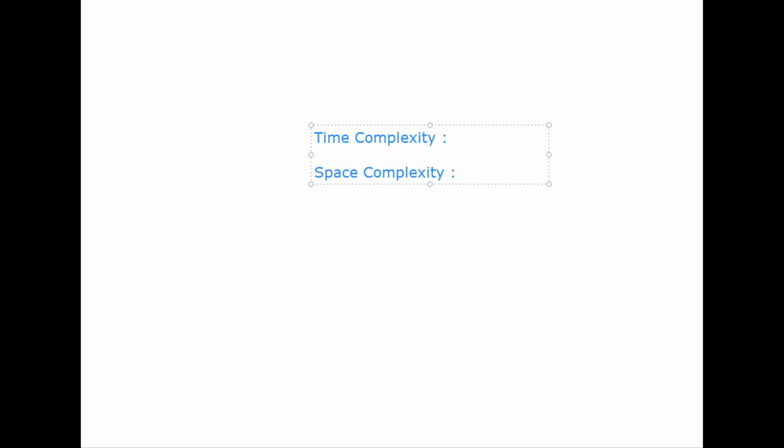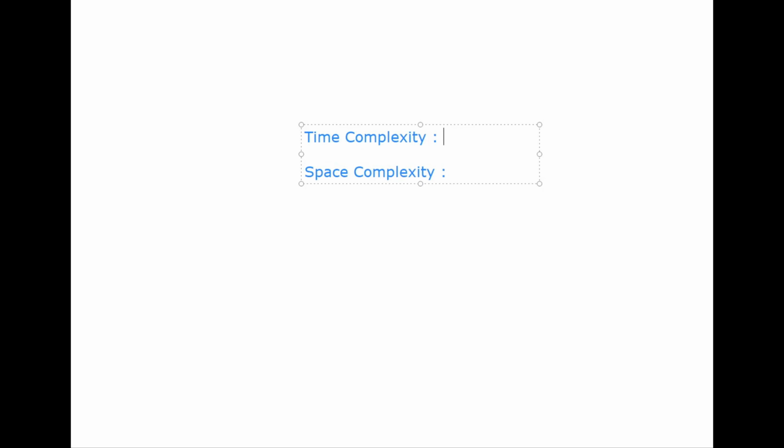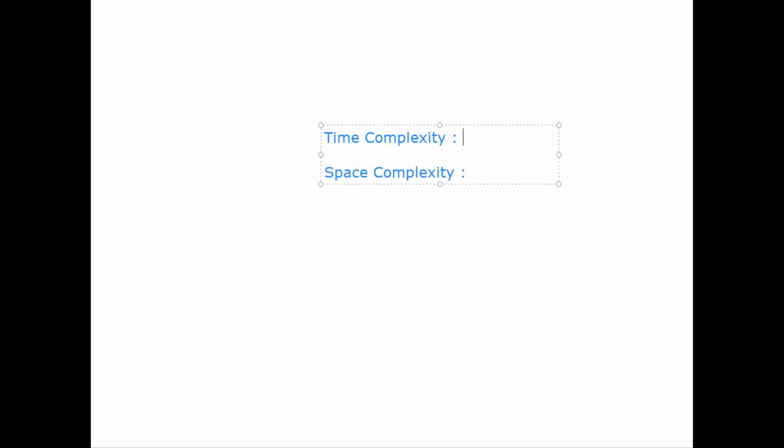Now let's analyze the time complexity of the given algorithm. Here we are using a for loop, and inside the for loop we insert all of the elements of the array into the set. The time complexity of the outer for loop is big O of n, and inside it we are using a set to insert the array elements.